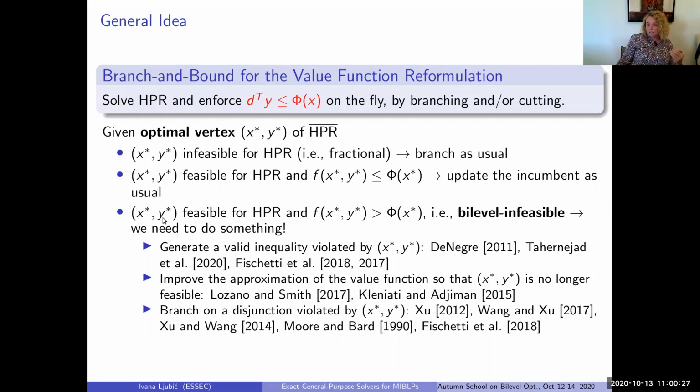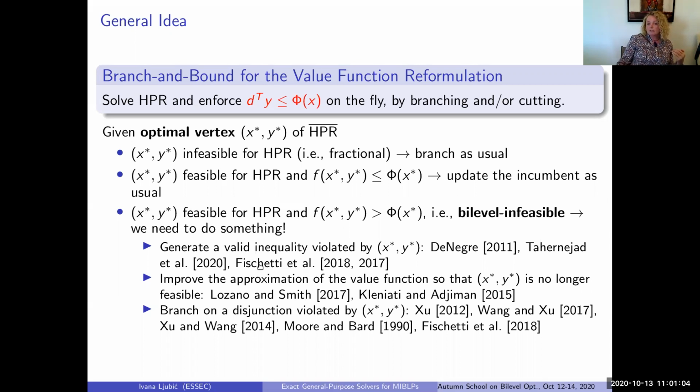What we can do is try to generate a valid inequality that will cut off this point. And this has been done in the PhD thesis of De Negre, also in his paper with Ted Ralphs, and also in the recent publication from 2020 that just appeared in Mathematical Programming Computation, where the authors develop an open source software called MibS that uses a branch and cut procedure with several types of valid inequalities that can be used to cut off this point.